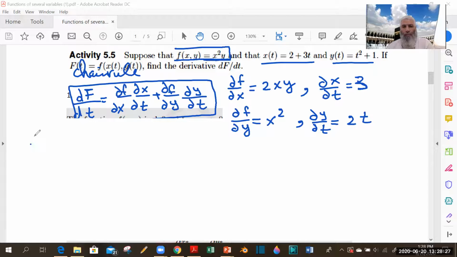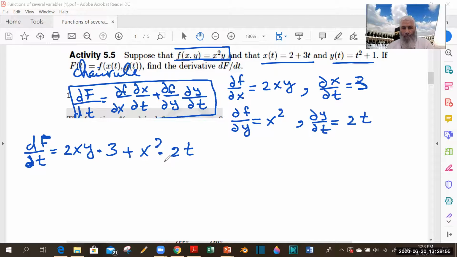So let's substitute. df/dt is this one, which would be 2xy multiplied by 3, plus x squared multiplied by 2t. And here we have 6xy plus 2x squared t.